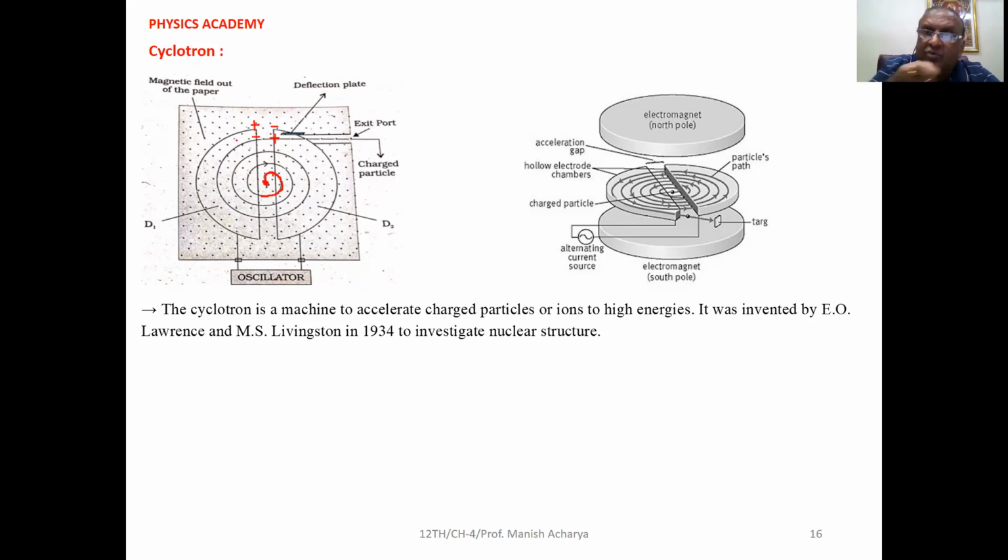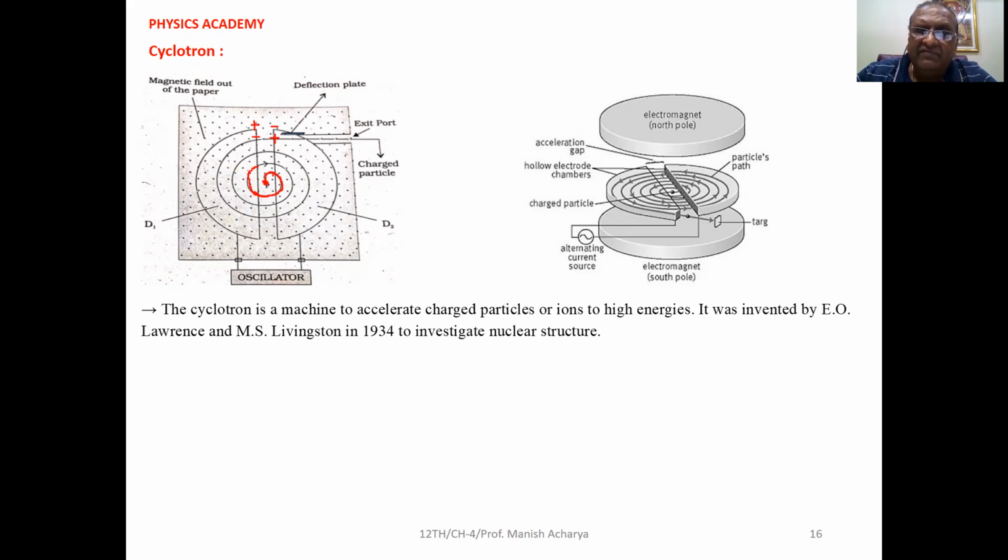So again, when it completes the half revolution, a force acts on it. Again its momentum increases, so the radius also increases. Inside the opposite dee, again it executes motion on a circular path with increased radius.